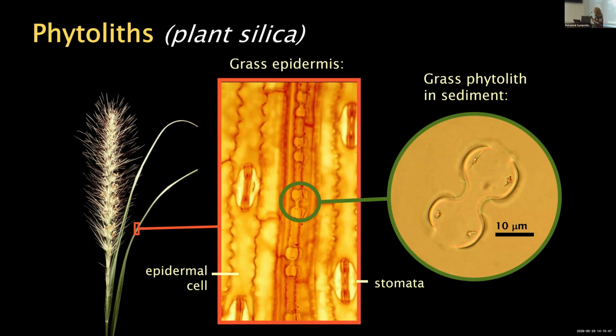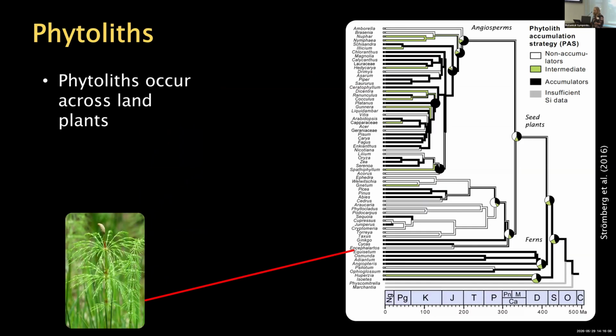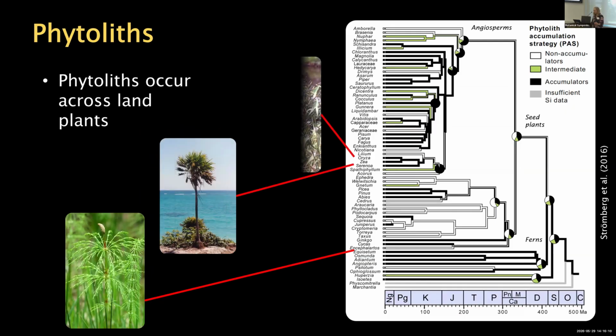This is an example of a phytolith in the epidermis of a grass. Once the plant dies and its tissues decay, these phytoliths are left in the soil and can provide information about the plants that grew at a site. Phytoliths occur across land plants, but they are particularly abundantly produced in, for example, horsetails, palms, and grasses.